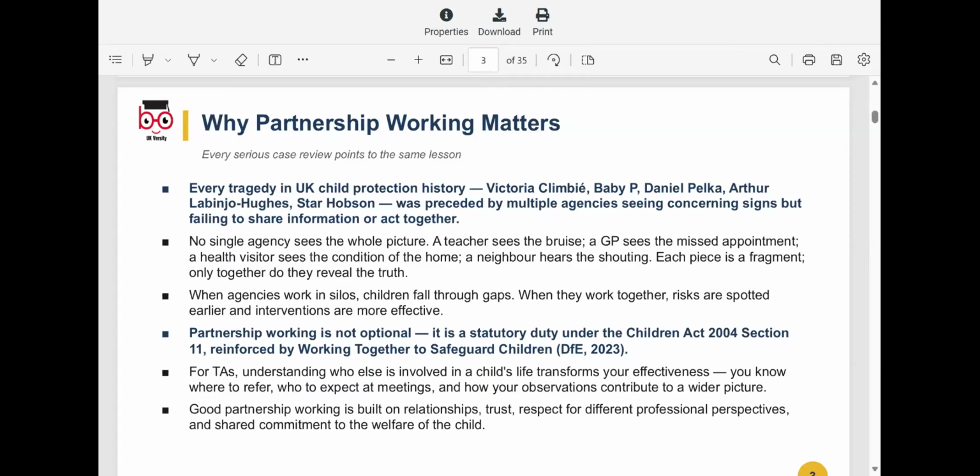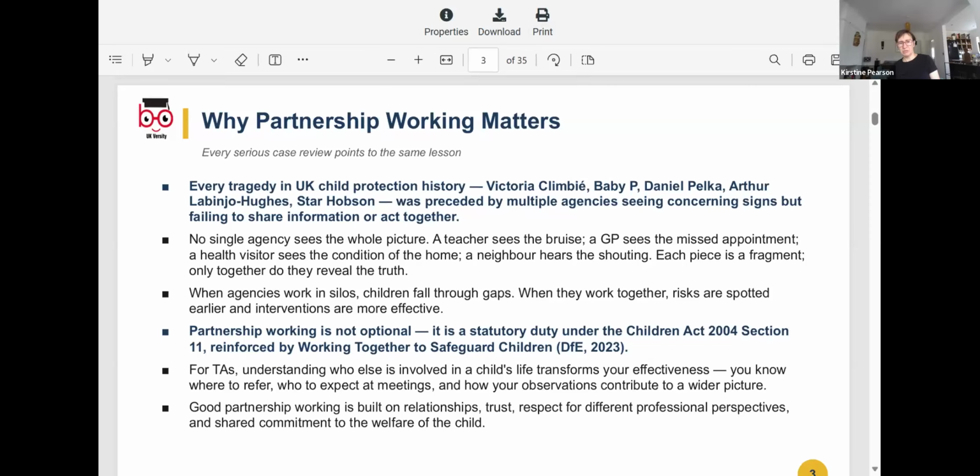Okay, and do you think that impacts on the individual themselves? Well, as I say, there are some cases where it's been shown, like the Victoria Climbié one. Do you remember the case of Baby P as well? The name is familiar, I can't remember the details.